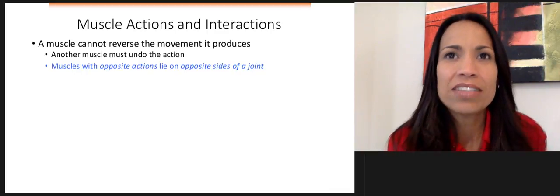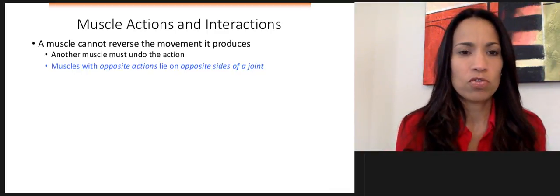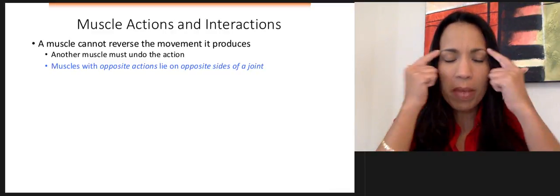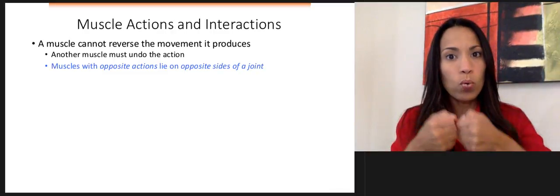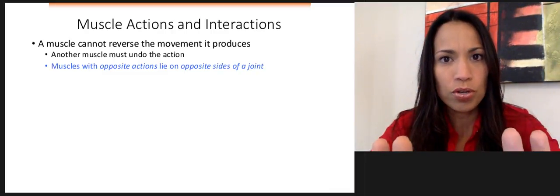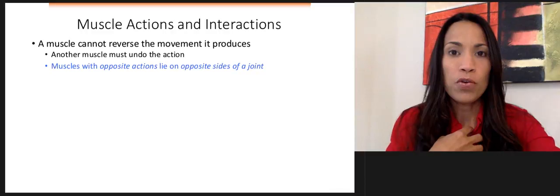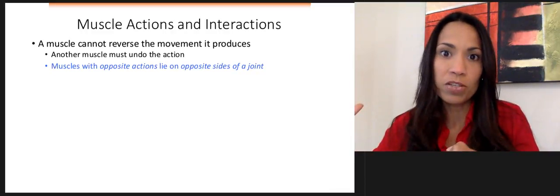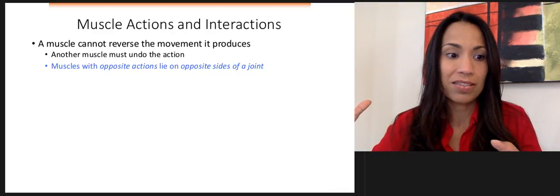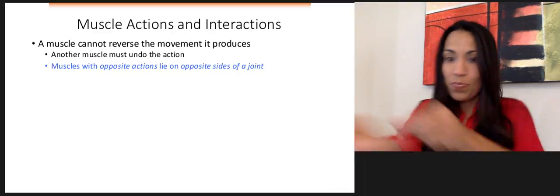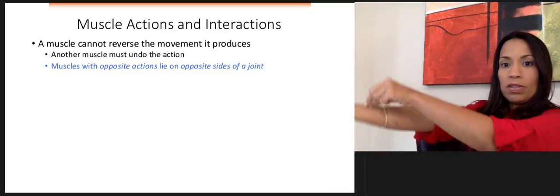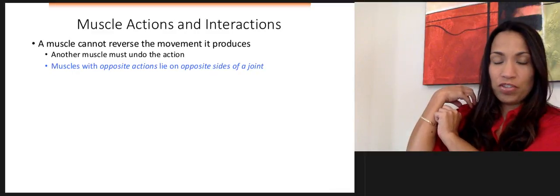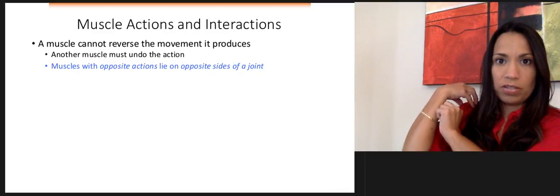Okay, now let's understand some principles of muscle contractions and muscle actions and interactions. First of all, remember, muscles pull, they can never push. So, in order for a muscle to reverse its movement, we need another muscle to do that. I can pull my forearm towards my arm, which is flexion at the elbow, right?